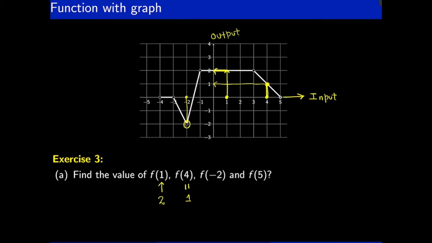There is no value there, so you cannot walk horizontally because there is no value at that point. So the answer will be DNE, does not exist, because the value does not exist. Same thing, as you can notice, there is a hole at 5, so this value is also DNE, does not exist.